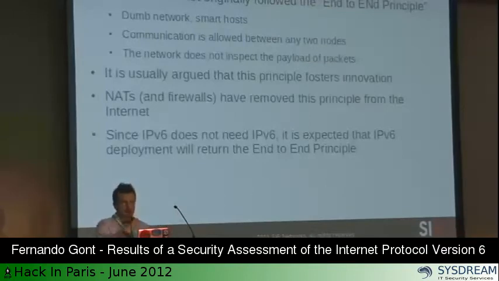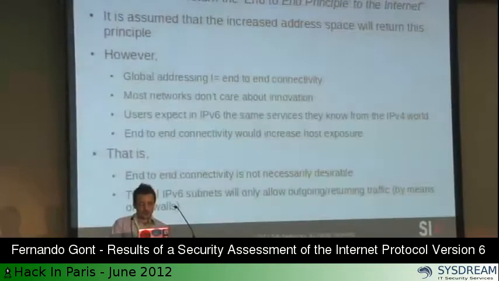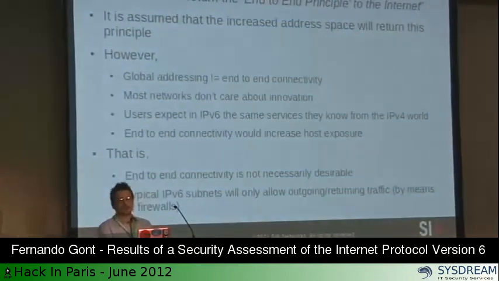Many people expect that since IPv6 by itself doesn't require the use of NATs because we have plenty of address space, as a result of IPv6 deployment the end-to-end principle will return to the internet. So this is the myth related to this aspect. That is usually assumed to be a good thing.